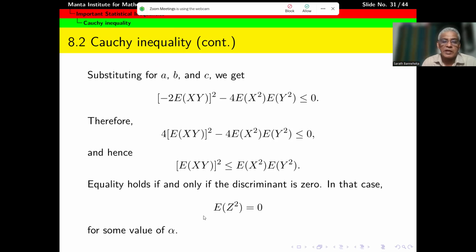That means at that point, expected value of z square, where that is actually our function, a alpha square plus b alpha plus c is equal to z square. So if you equate that to 0, you get an equation that will have one root, right? So therefore, expected value of z square will be equal to 0 at some single value of alpha.